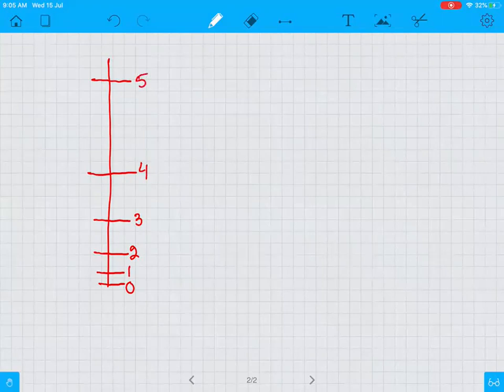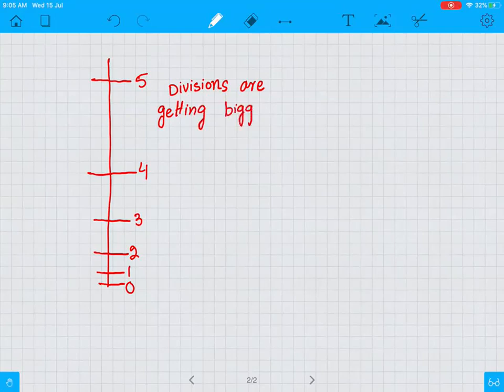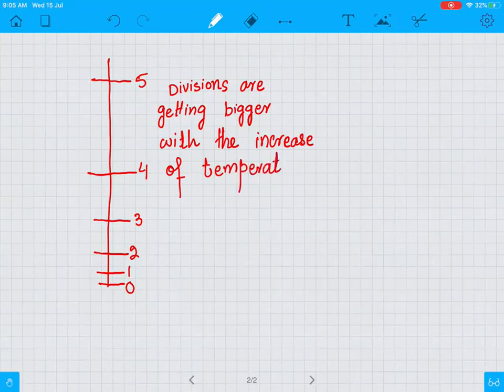Divisions are getting bigger. So in this thermometer, divisions are getting bigger with the increase of temperature.